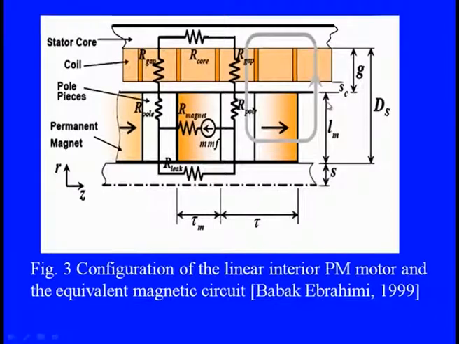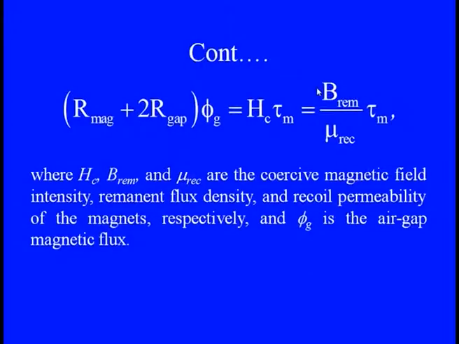So this G can be clearly related to Lm, which is the length of the magnet, and this gap is Sc, or the total S. When we talk about the distances tau m, tau s and Sc, we can straightaway relate these things together, finding out how much the gap reluctance is, or how much the regenerative reluctances are.